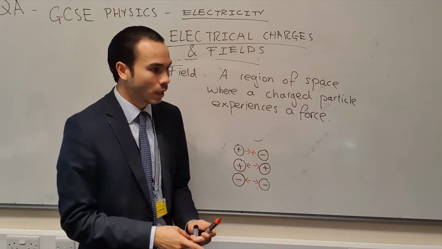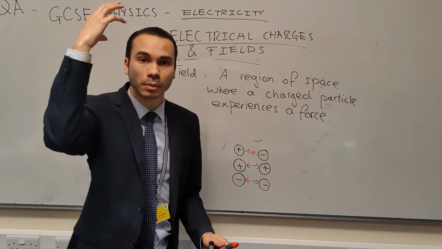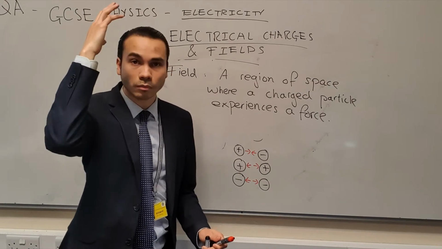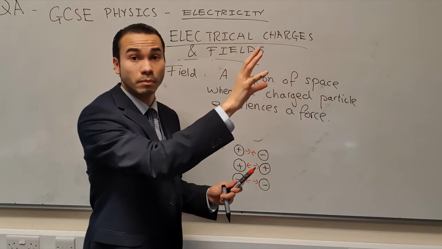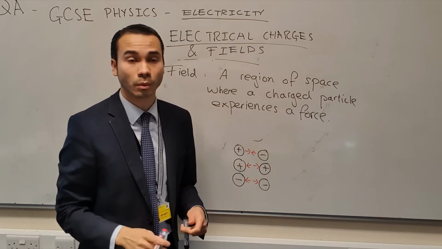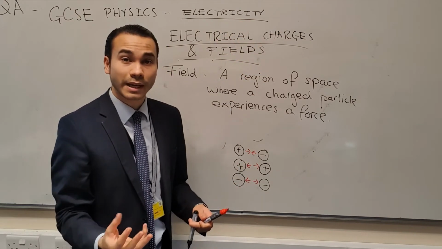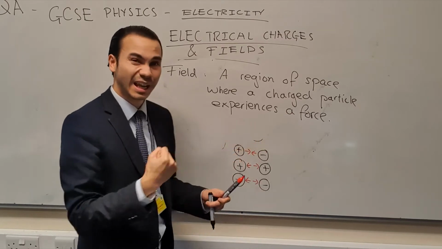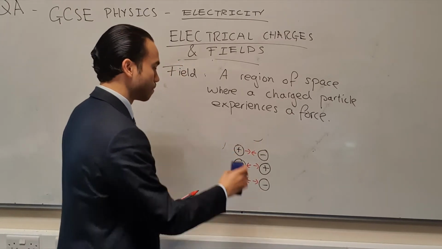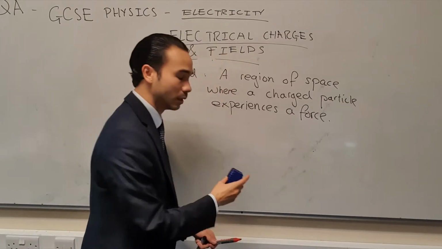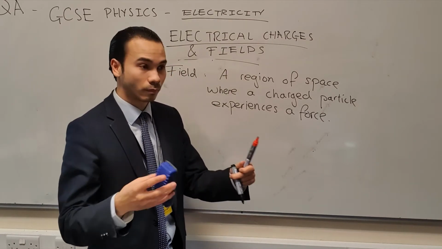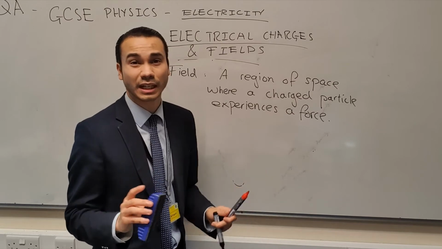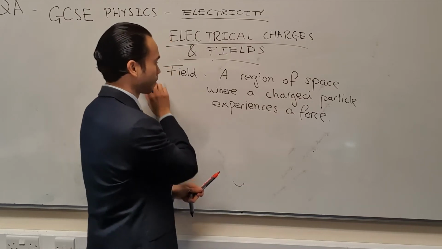You may have done this at a party, blown up a balloon, rubbed it against your hair, and if the humidity is right, that balloon may stick on a wall. And the physics of that is due to the fact that we have electrons moving from one surface to another, so either from your hair to the balloon or vice versa, and that basically results in a difference in electrostatic charge.